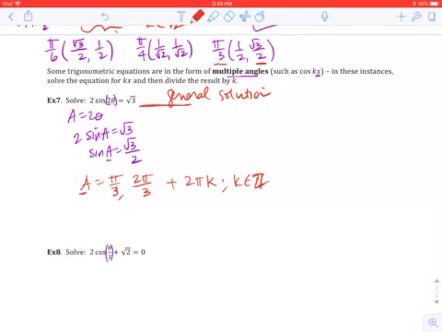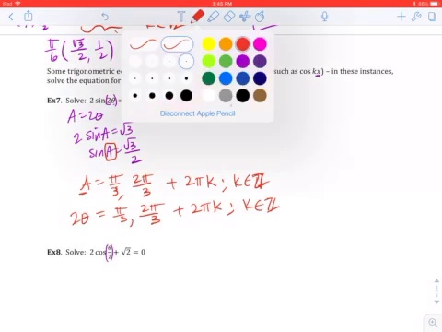Now we know this isn't the right answer, because it's not a, it's now 2 theta. So you have 2 theta equals pi over 3 and 2 pi over 3, and then we have our general solution plus 2 pi k, where k is an element of the integers.